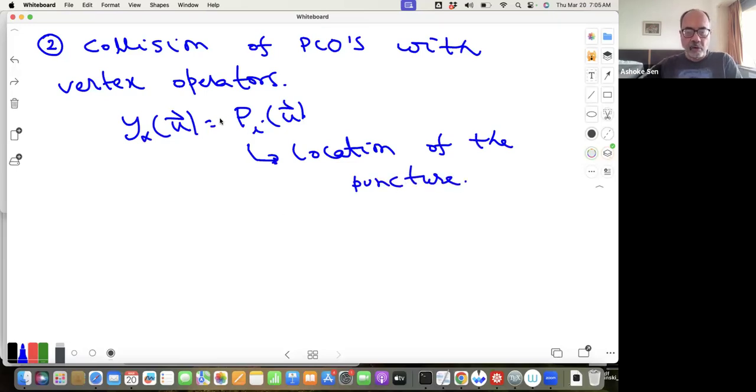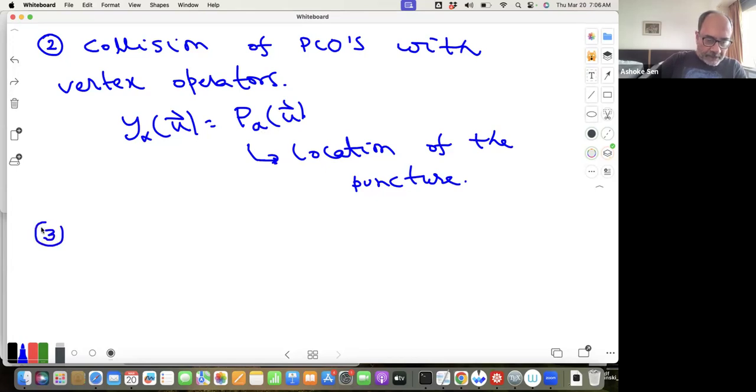If you want a specific coordinate system, around each puncture we use the w coordinate system. Maybe I label this by A, because that's what we had called earlier. So around each puncture you will use the coordinate system w_A, and w_A equal to 0 is the location of the puncture. So this basically means that y alpha measured in the w_A coordinate system goes to 0 as you vary u. So this is another kind of singularity that you may encounter.